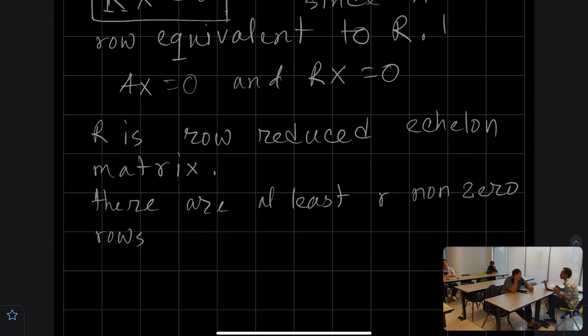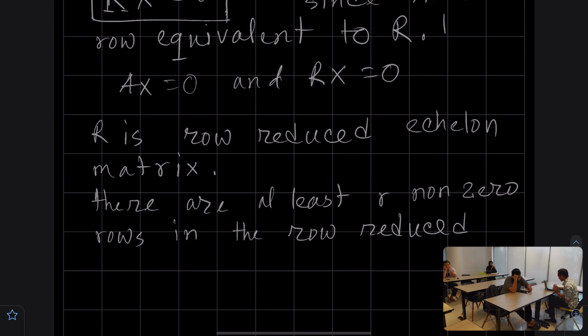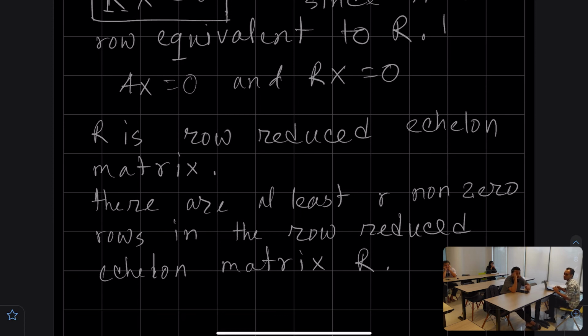The number of rows. So I'm considering r non-zero rows in the row reduced echelon matrix R, right?